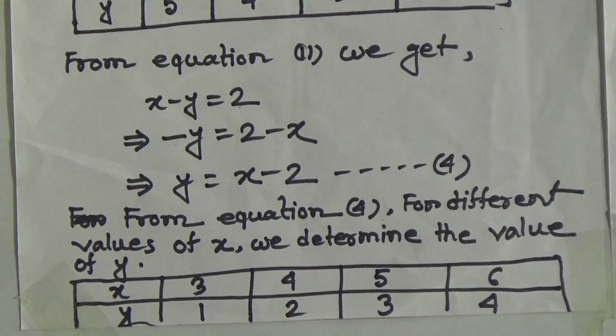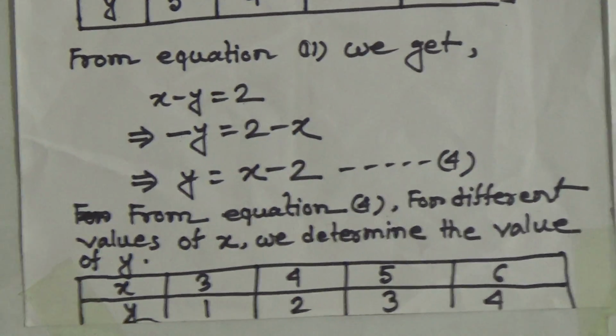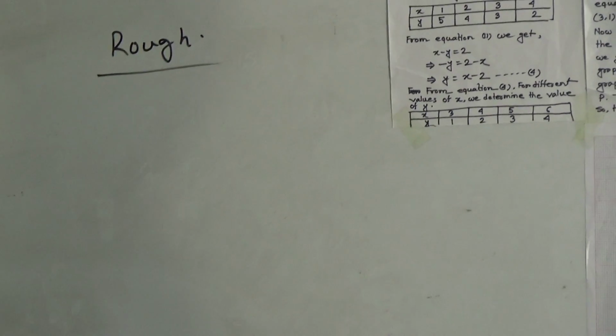My dear students, please listen. When you want to solve two equations in such a way, at first, in rough space, you have to solve these two simultaneous equations by using the substitution method or elimination method.